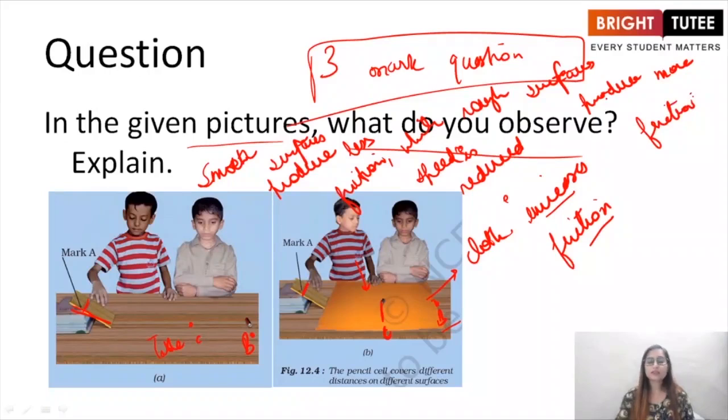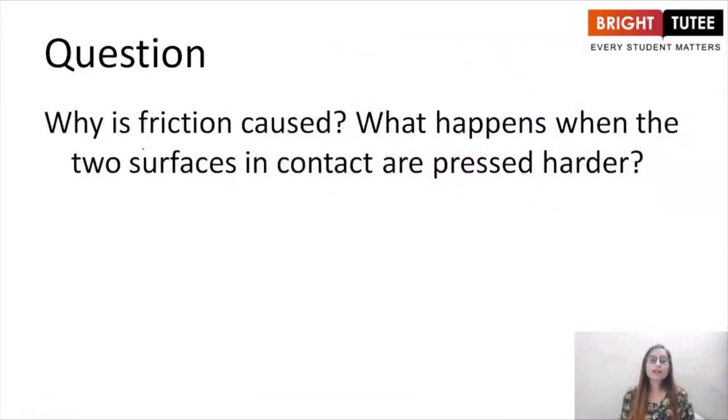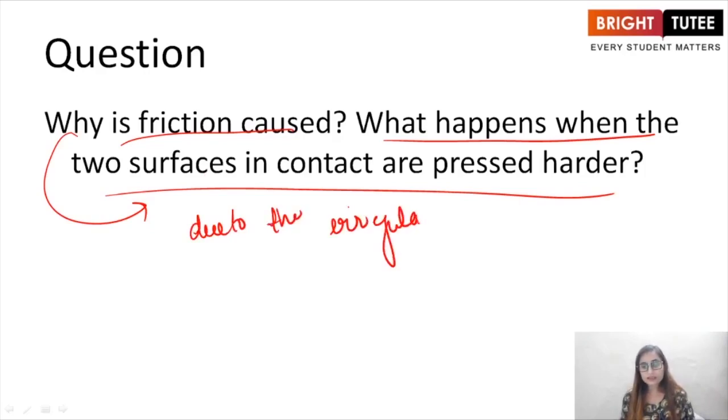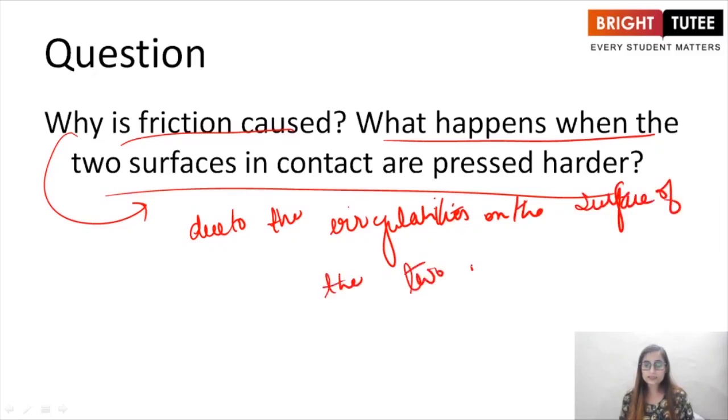Alright, so the next question is, why is friction caused? What happens when the two surfaces in contact are pressed harder? Friction is caused due to the irregularities on the surface of the two objects in contact.